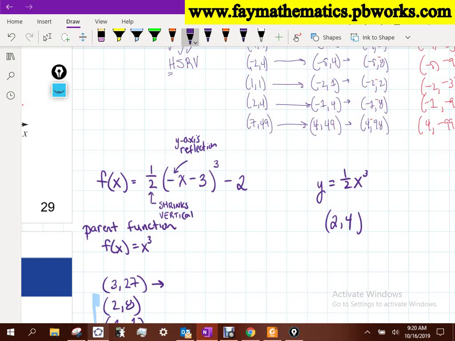How does that 4 compare to that 8? It's closer to the x-axis, so it's been shrunk vertically. Every time you see a multiplier out front of your parent function, it is going to shrink it vertically if it's between 0 and 1. It will stretch it if it's bigger than 1.